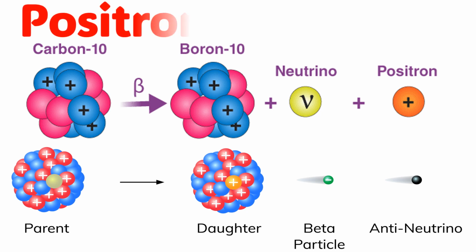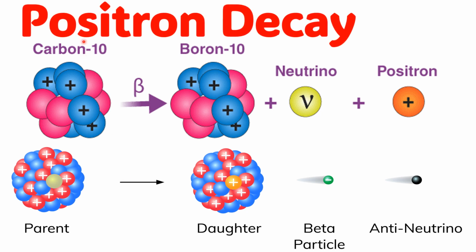In this video, we are going to discuss positron decay. Positron decay is basically a conversion of a proton into a neutron, and in this way they generate a radiation known as positron. In a radioactive element, the nuclei consist of protons and neutrons.